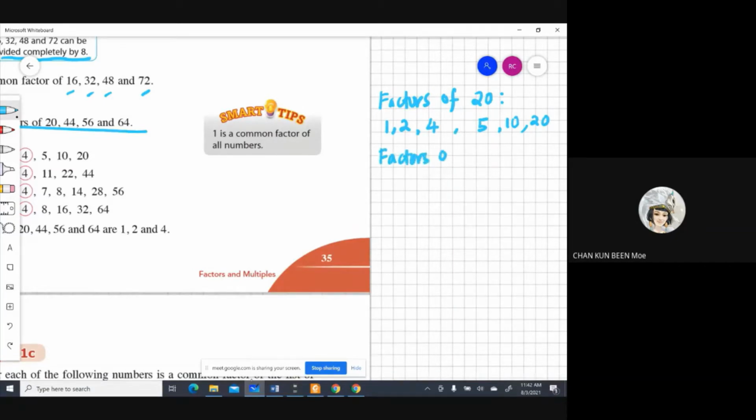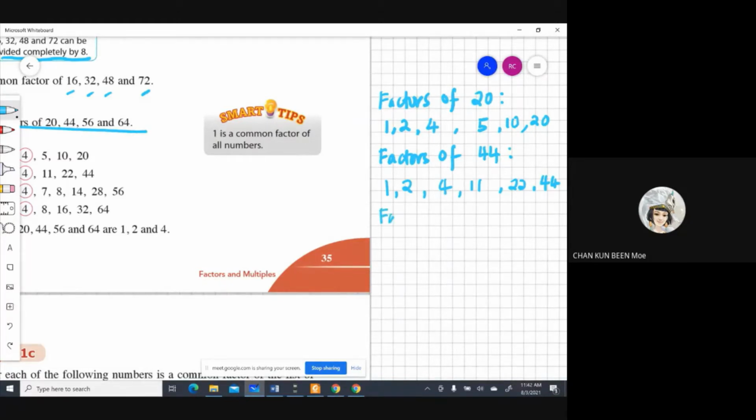Factors of 44. Same thing, 1 times 44, you get 44. After that, 2 times 22, you get 44. Is there any number? Yes, there's one more, which is 4 times 11, you get 44. So that's all for this number.